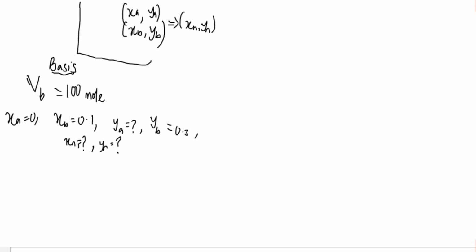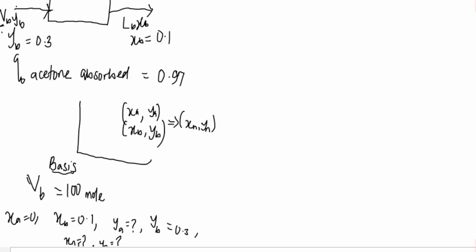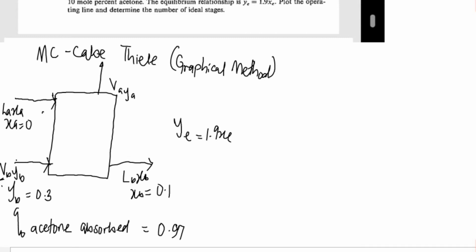So you know that the first thing we have to do is the balance. Now I will say percentage acetone absorbed, the same balance we did using the Kremser equation. That's the one we are going to do here. Percentage acetone absorbed is equal to, you have to be very careful at this stage to know that your acetone is coming in through the vapor phase inlet, right?